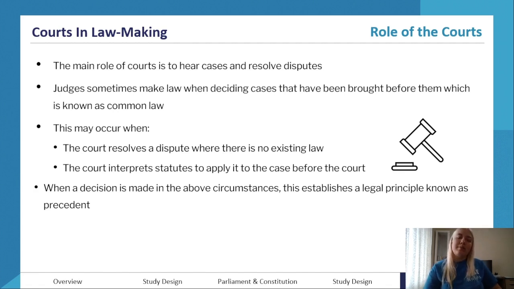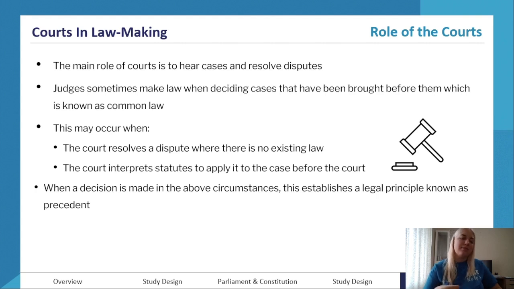So when a decision is made in the above circumstances, common law will be developed further, and a new legal principle will be established known as precedent. So precedent refers to those decisions that further develop common law developed in court cases, but precedent is actually legally binding on the courts.